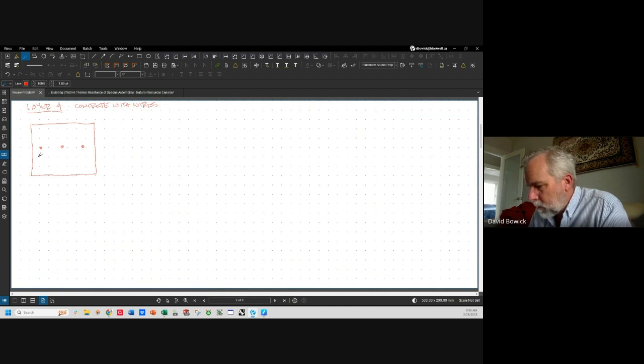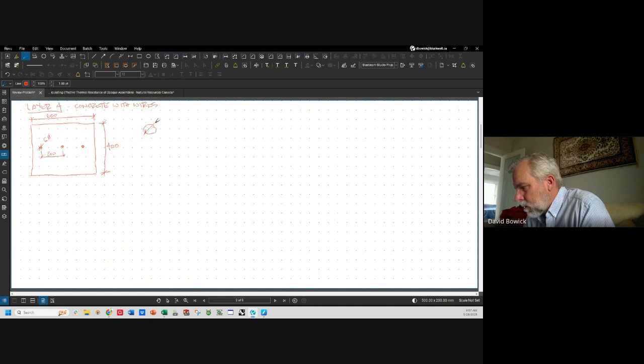We have 600 millimeters. It's the width. Hundred high. We have 3 of these. We've got our 3 wires crossing. They're 6 millimeters diameter. Okay, let's look at this. There's our crossing wire, 6 millimeters diameter.